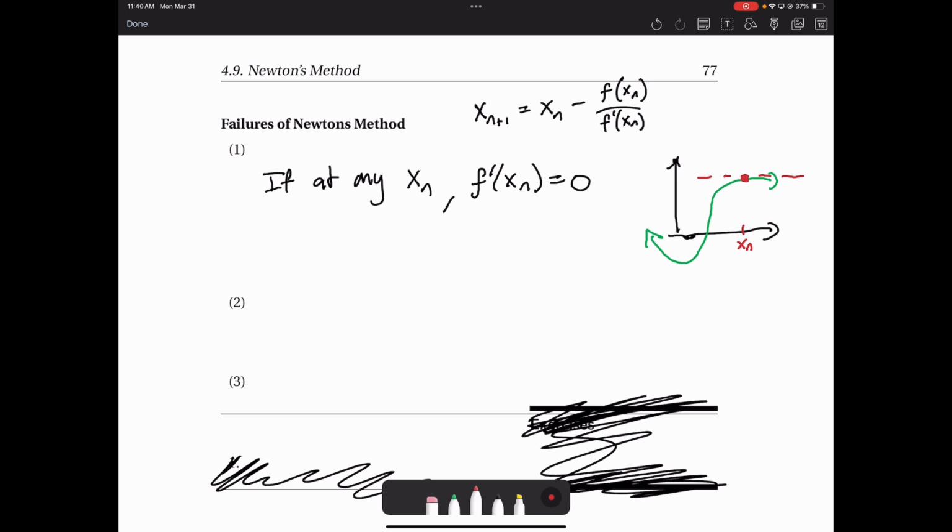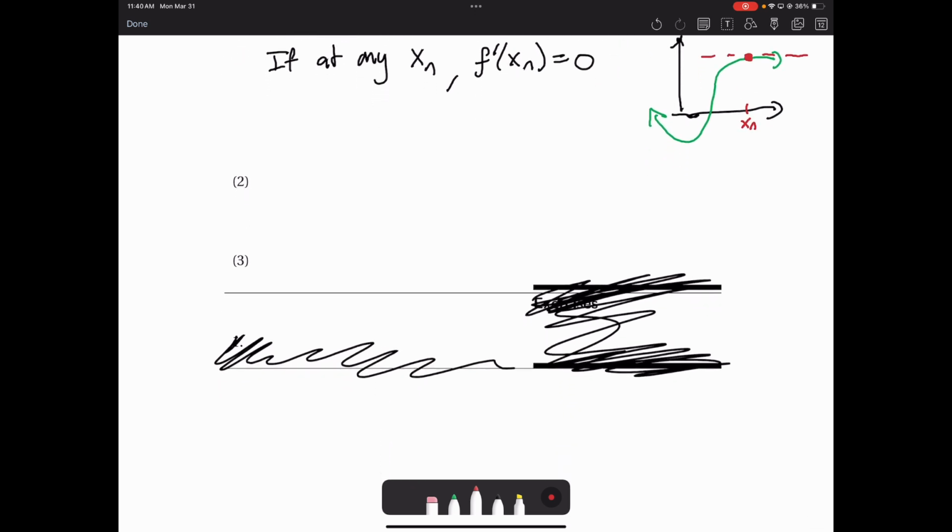Well, if my derivative is 0, will my linear approximation or my tangent line ever cross the x-axis? No, which means I'm stuck. I won't get another iteration. I won't get another guess. So that's why this is a problem, because if your guess ever ends up being a critical point, then you'll never actually reach the x-axis again. Okay, so that's my first issue.